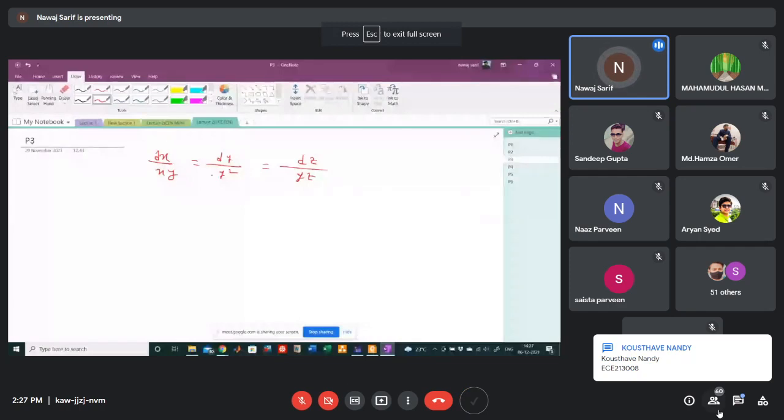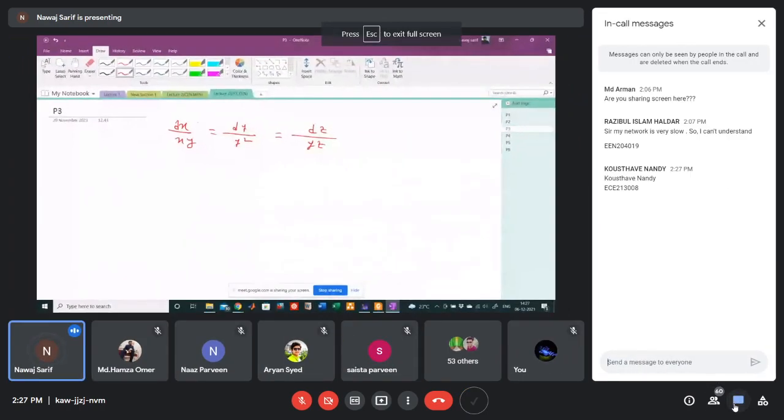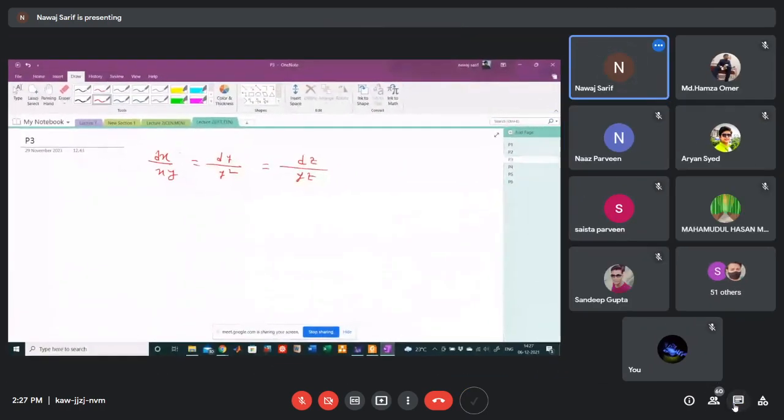You cannot solve all three at a time. This pair depends on the choice of the denominator.